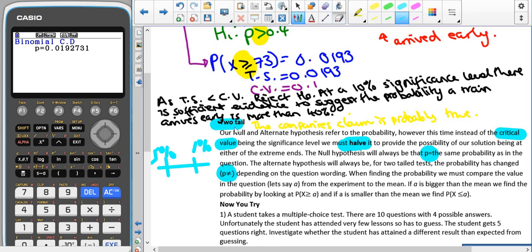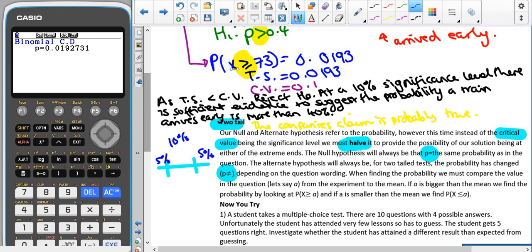So we're splitting our 10% between here and here. So if we have 10% to start off with, we are splitting it between the two sides.